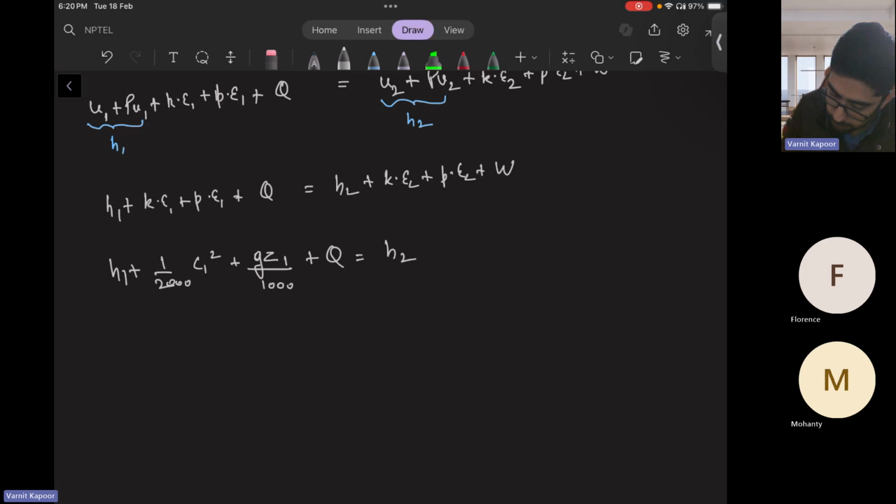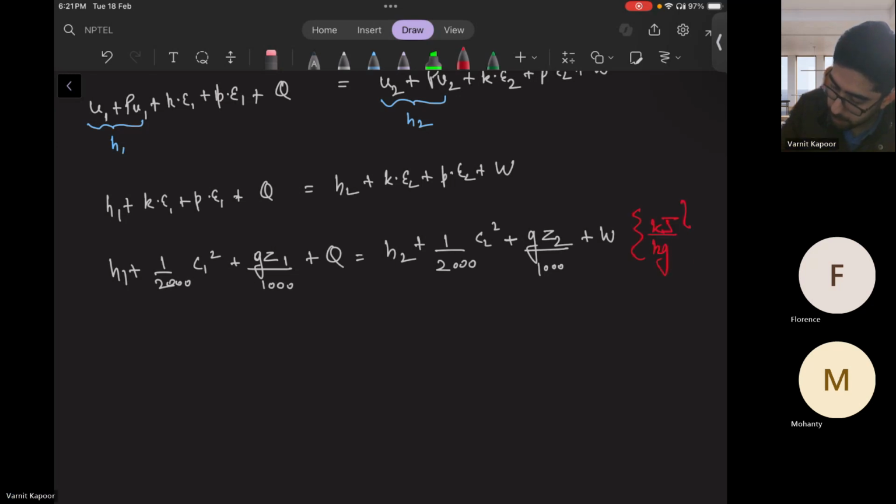Similarly at outlet, h2 plus 1 by 2000 speed at outlet, c2 square, plus g z2 by 1000, plus work done. So all of this has a unit of kilojoule per kg.